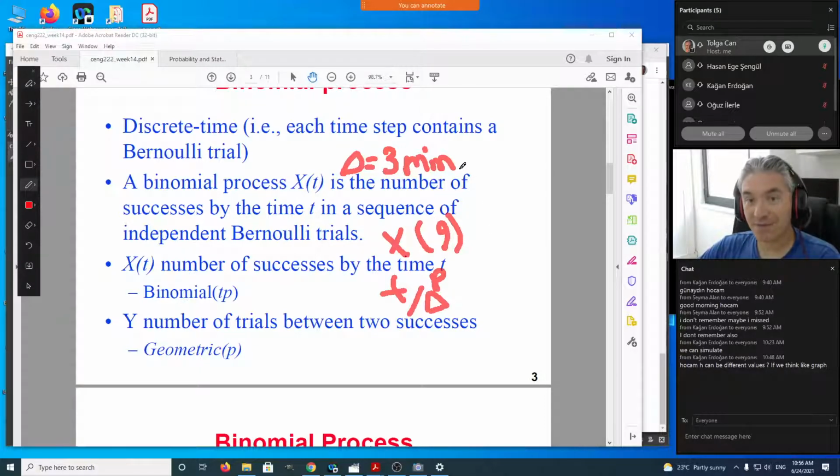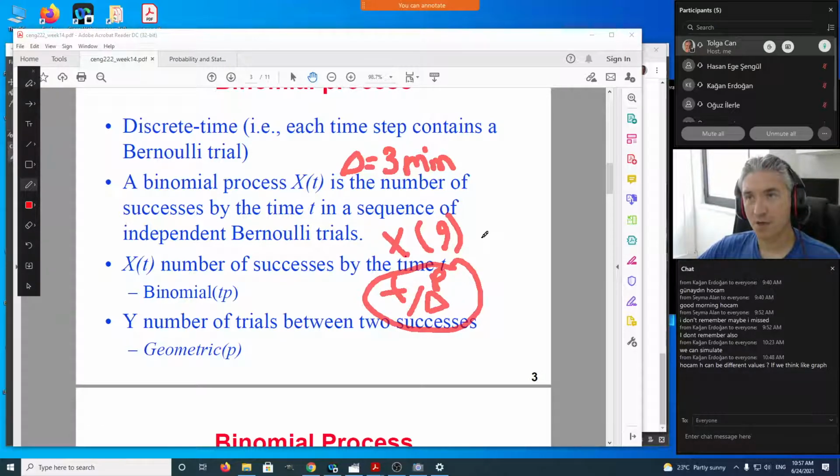If our frame length is 3 minutes, and we do a Bernoulli trial every 3 minutes, then the number of trials that we do in 9 minutes will simply be found by dividing t by our frame length. This is exactly the number of frames we have in 9 minutes, and that becomes your binomial parameter: in binomial(t, p), t becomes t divided by delta.